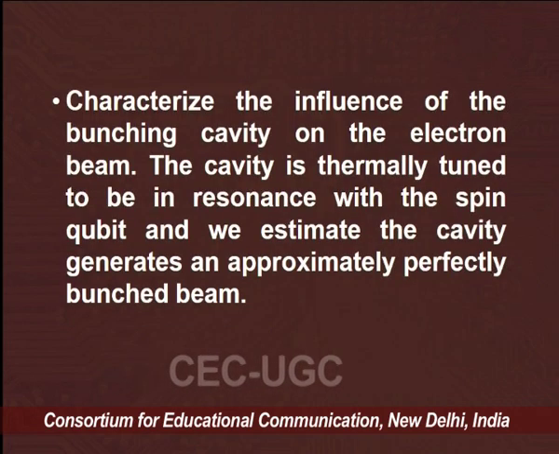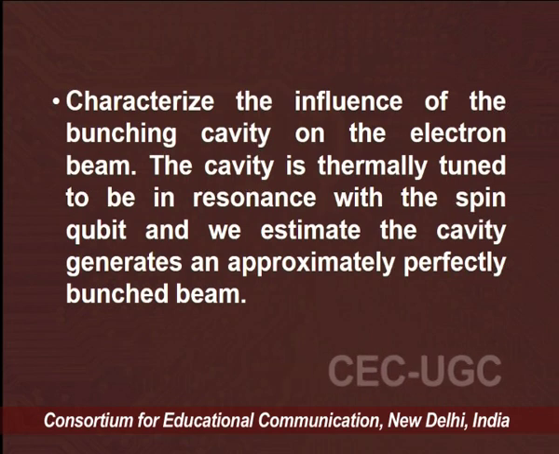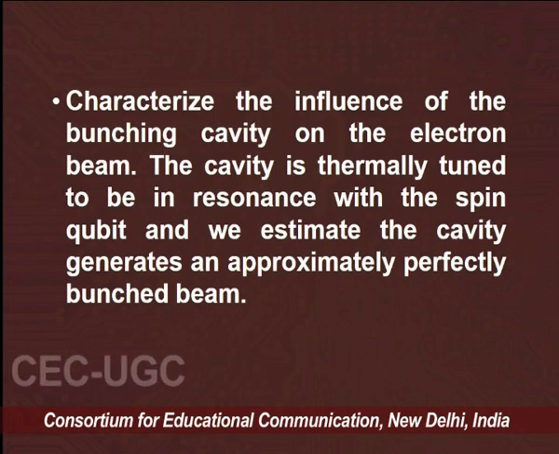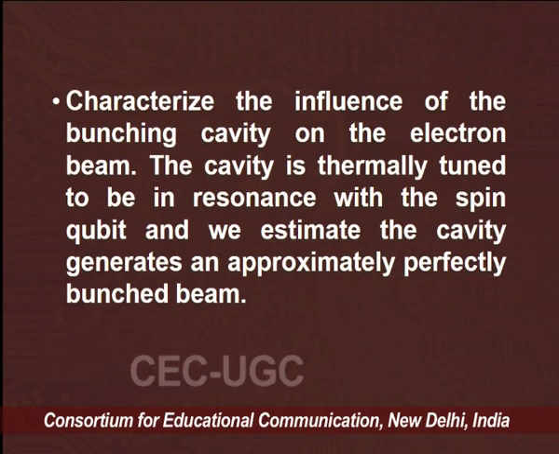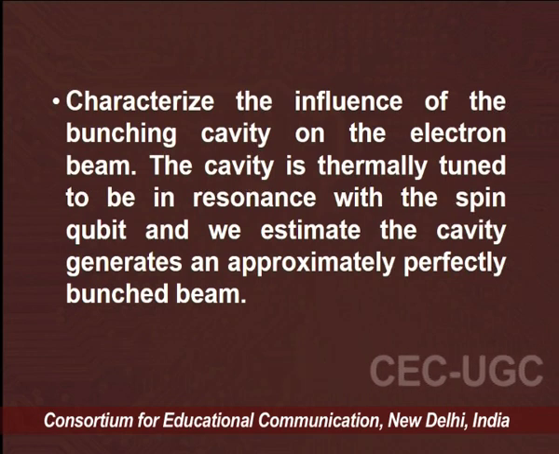Next, we characterize the influence of the bunching cavity on the electron beam. The cavity is thermally tuned to be in resonance with the spin qubit, and we estimate the cavity generates an approximately perfectly bunched beam.